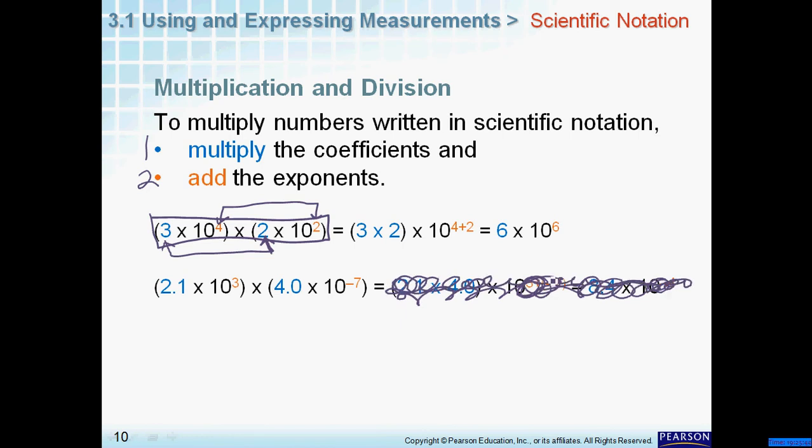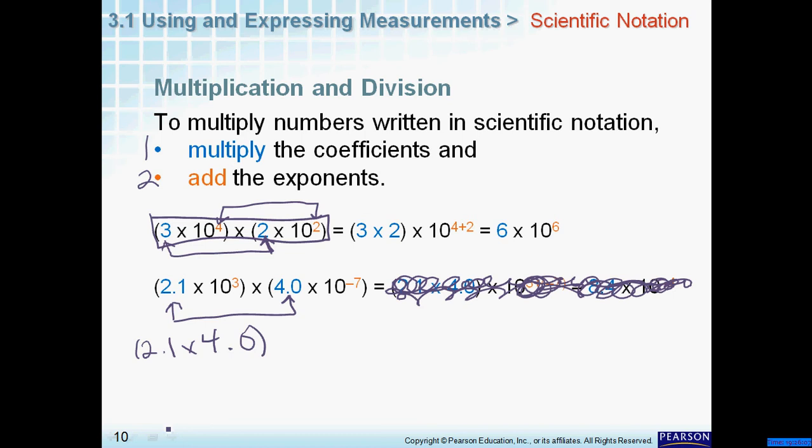Okay, so I have another practice problem. Again, step 1, I need to multiply the coefficients. So I have 2.1 times 4.0. Let's say that I can't do that in my head.